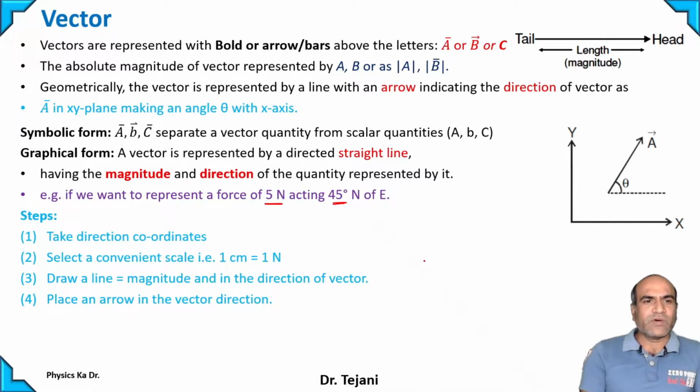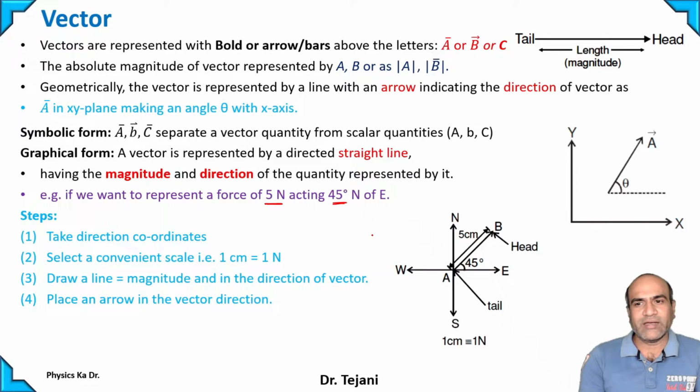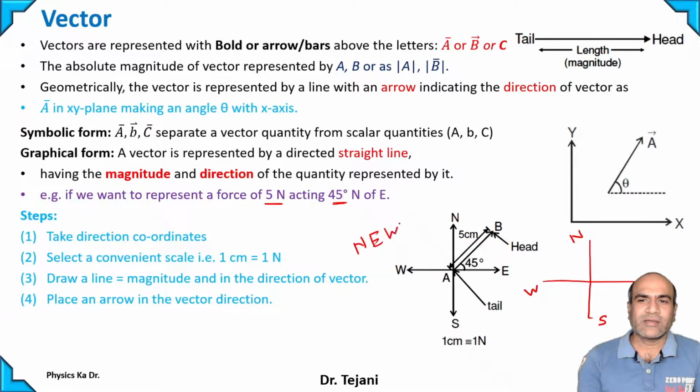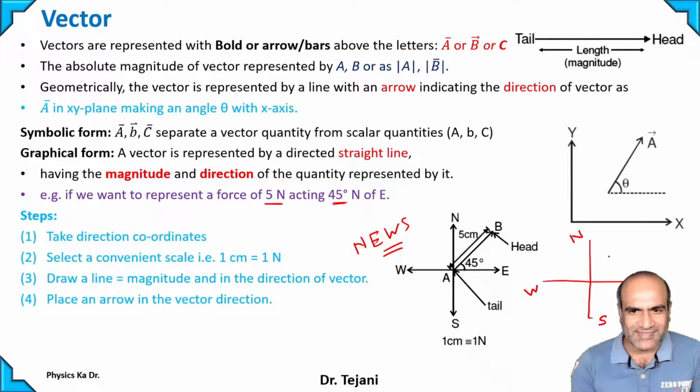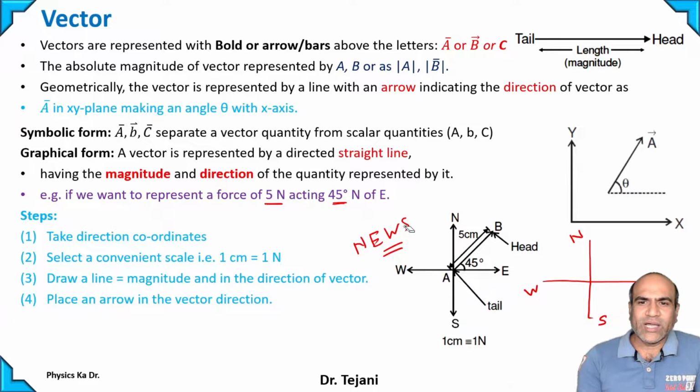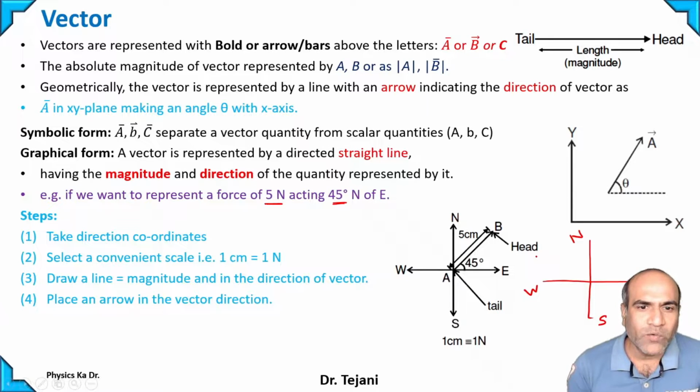These are the steps. First, we need to understand the direction coordinates. For example, we draw x, y axes, or NEWS, the directions. This is the direction coordinate, a reference to show a vector.